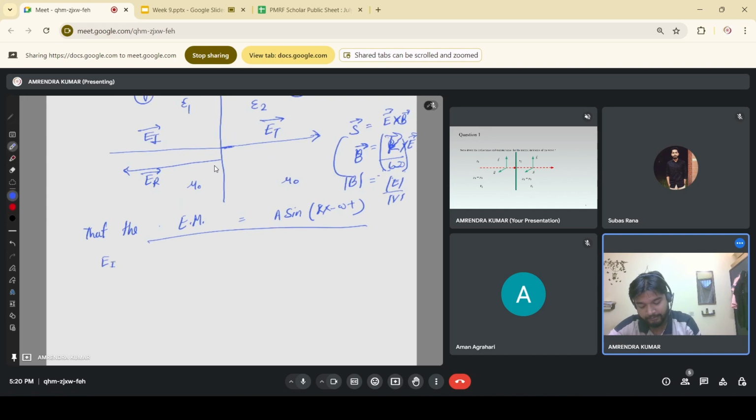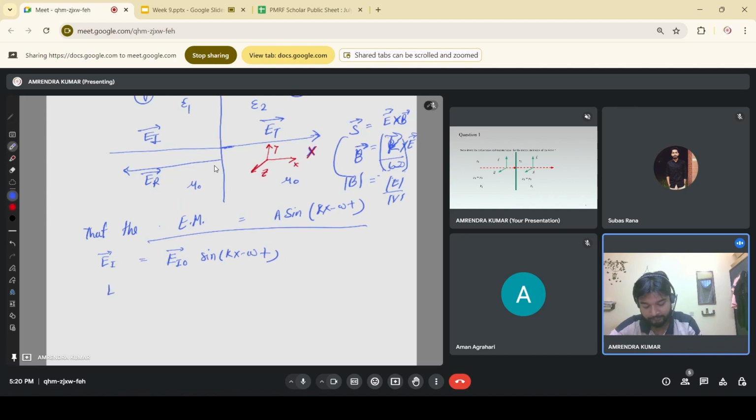So we have EI vector, sine(kx minus omega t). This is the x direction, y, and z. Now we have this incident field.